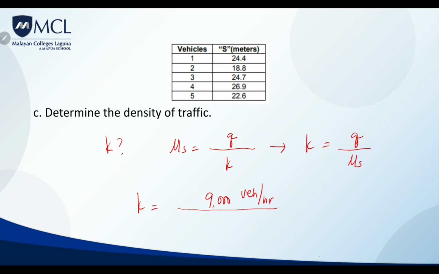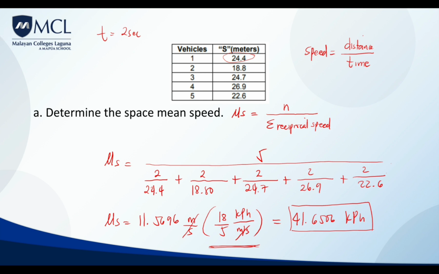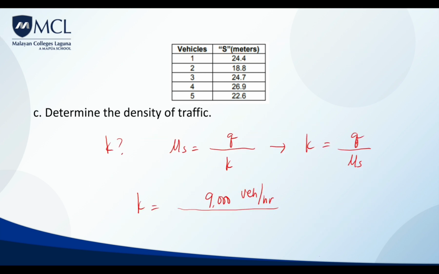And what is the value of μs? Let's go back. μs is 41.6506. So, what is K? K is 216.0833 vehicle per kilometer.